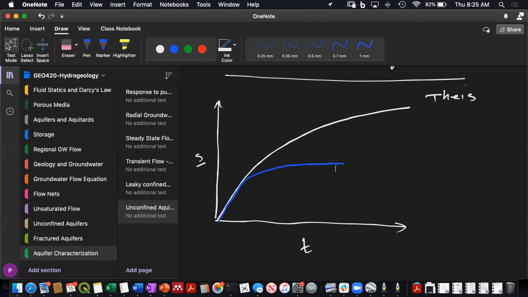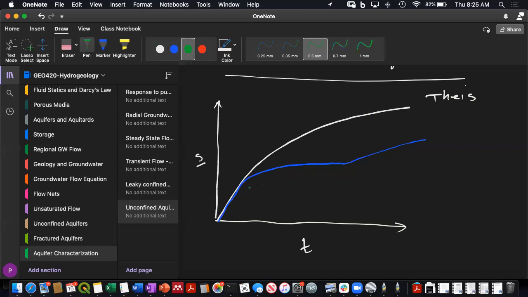I've drained basically most of my cone of depression. As my cone expands radially very far away from my well, I end up getting a late time increase in drawdown that mimics a Theis response.